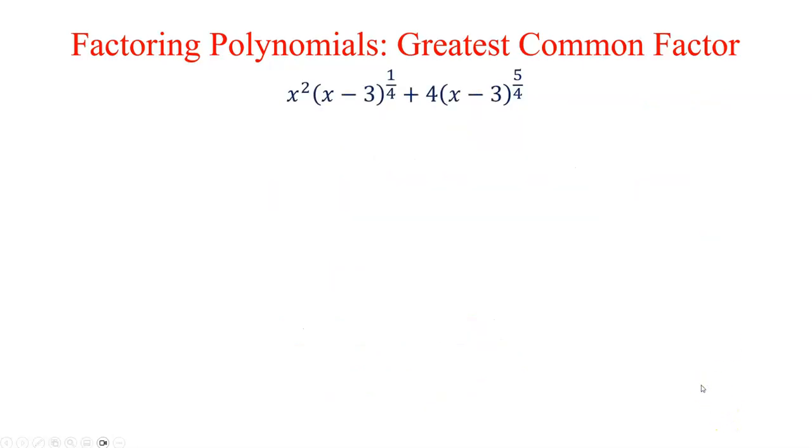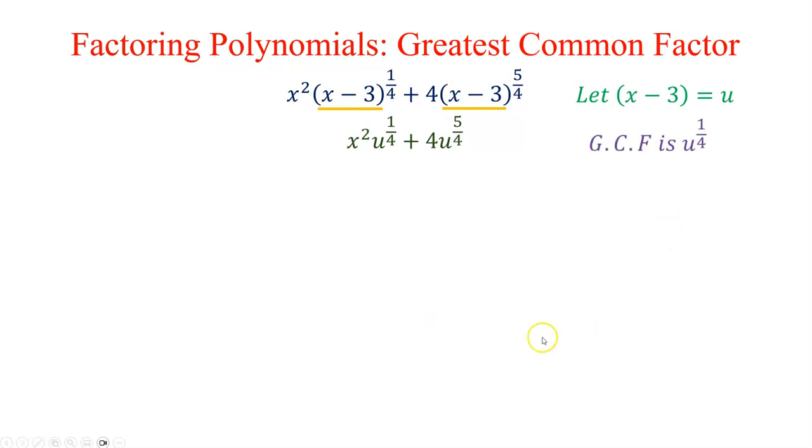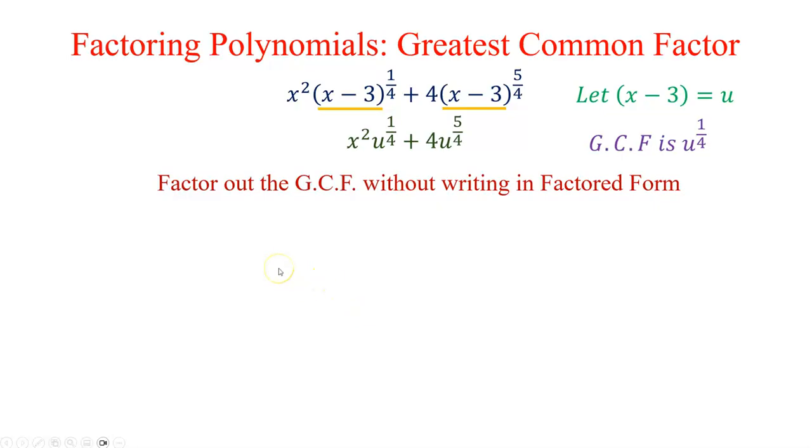So we're going to do the same problem, but now we'll consider what we did earlier, instead of putting this in expanded form. So again, we're going to let the x minus 3 equal u. Got my new problem, substituting the x minus 3's with the u's. But this time, again, our GCF is still u to the 1/4. But this time we're going to factor the GCF without writing it in factored form.